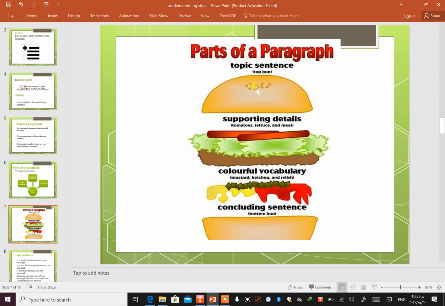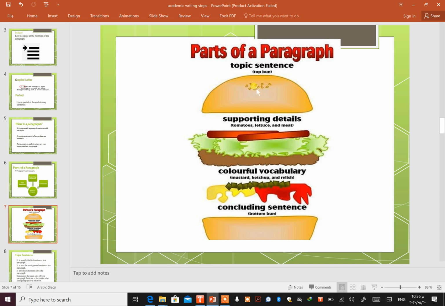I always say the introduction is like a hook. A hook is to get the attention of your audience, of the people who are going to read what you are saying.